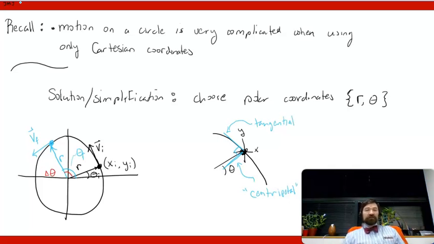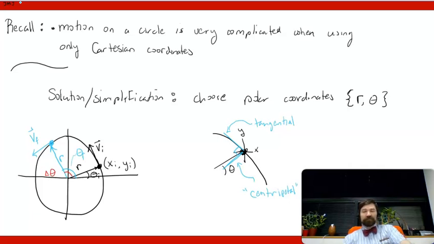Now, the neat thing about doing it this way is the centripetal axis is the axis along which the acceleration that's causing the thing to turn is always oriented. And the tangential axis is the axis along which the thing is actually instantaneously moving, for uniform circular motion.